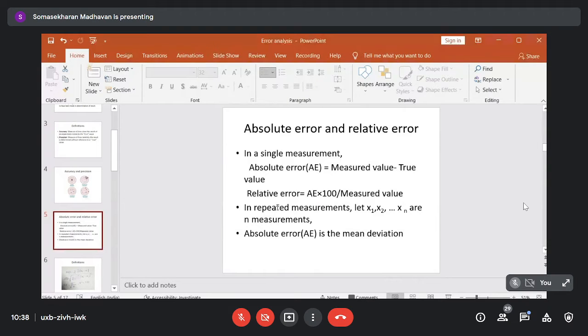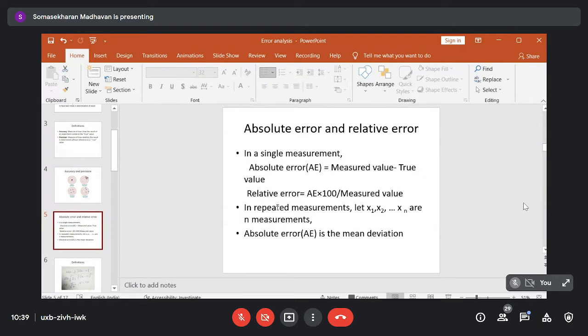Then its relative error is always defined as the absolute error expressed in percentage, the absolute error divided by the measured value times 100, or how much is the error.